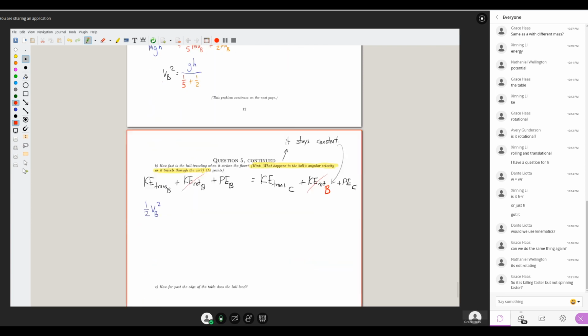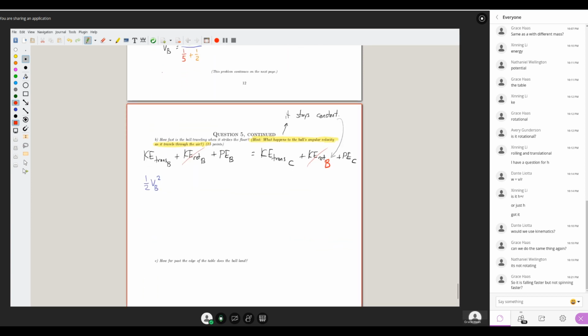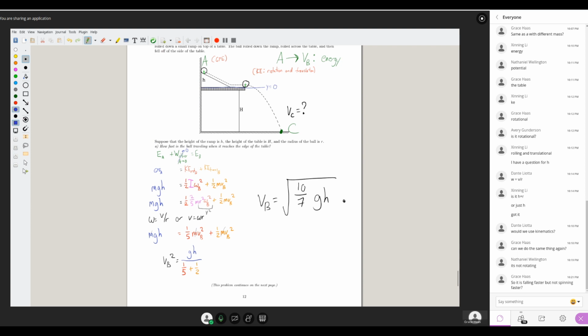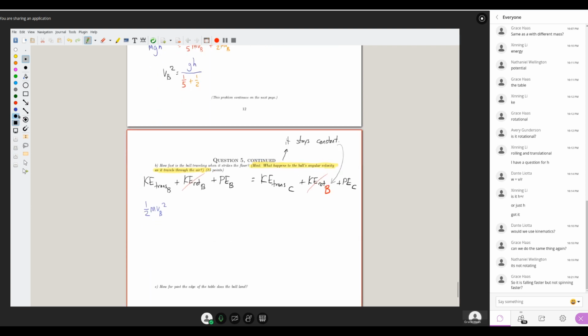Its rotational energy just stays there and cancels from both sides of the equation. Its potential energy at B is 0, because you chose the edge of the table to be 0 height. So the translational kinetic energy at C, that's the thing we came here to find.